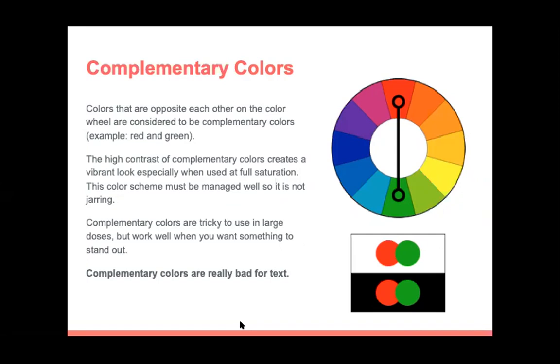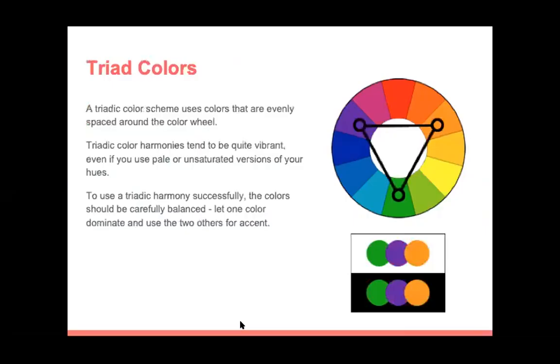Super hard to read, and it just creates this vibration in the eye that makes it hard to look at. In certain cases, it's okay to use, but I would not use that in regards to text. So this is an example of the jarring effect on your eye. It's good to know what not to do and why not to do it.